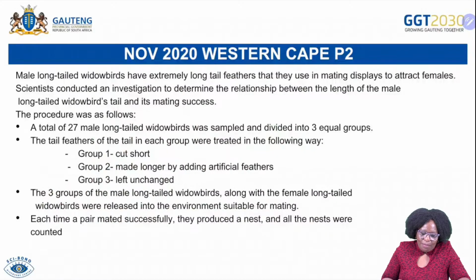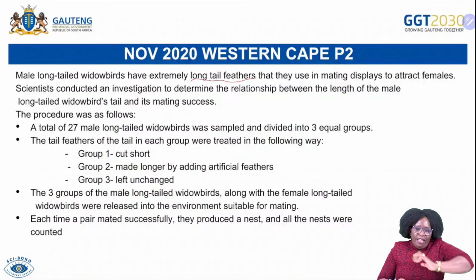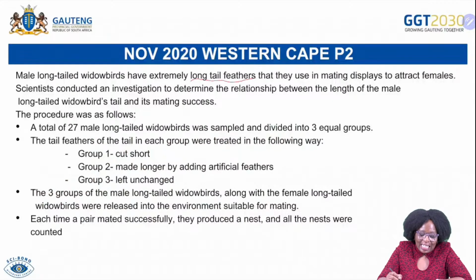Let us read together. Male long-tailed widowbirds have extremely long tail feathers that they use in mating displays to attract females. Scientists conducted an investigation to determine the relationship between the length of the male long-tailed widowbird's tail and its mating success. Because the longer the tail, they use that to attract the females for mating reasons.